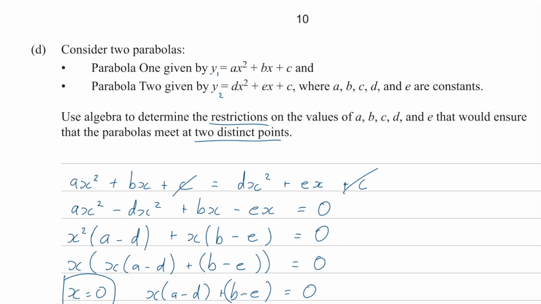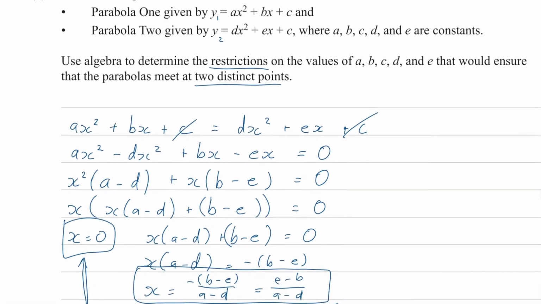One of the solutions we found was the y-axis, which is pretty straightforward. The other one was in terms of e, b, a, and d. So we had to think about, all right, when will this equal 0? Because that's not a distinct solution. Or when will this be undefined? Because then it's not a valid solution.